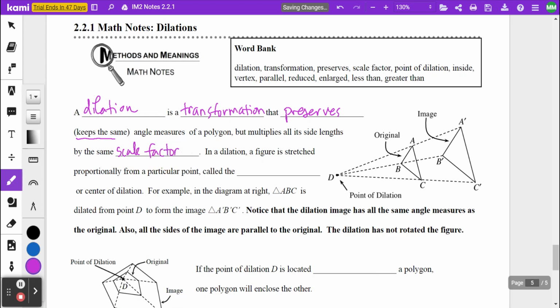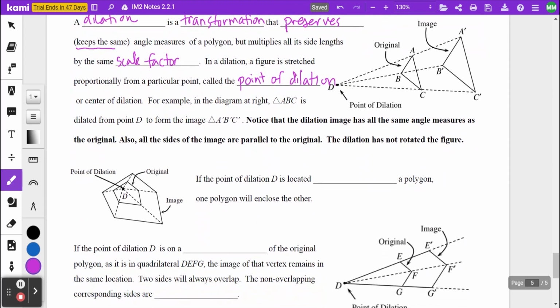In a dilation, a figure is stretched proportionally from a particular point, called the point of dilation, or center of dilation. So for example, in a diagram at the right, triangle ABC is dilated from point D to form the image triangle A prime, B prime, C prime.